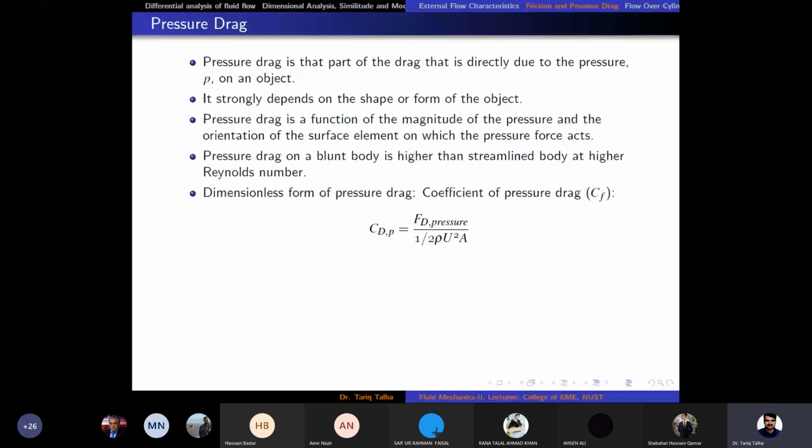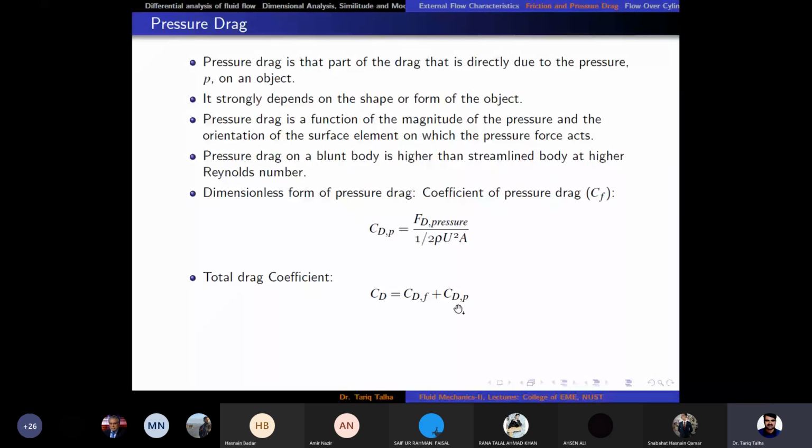Okay, and then it can be determined by the coefficient of drag, that is, the pressure drag component. This is the force due to pressure difference, divided by half rho u square times area, and the total drag on geometry would be the sum of pressure drag and friction drag.